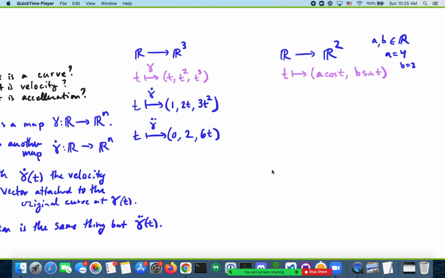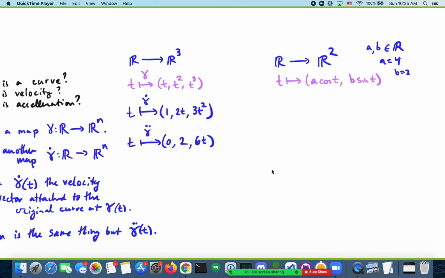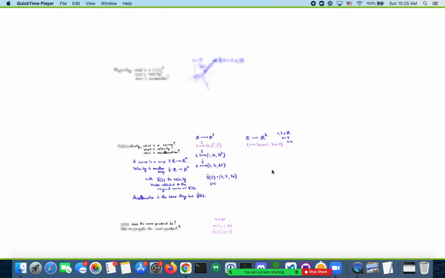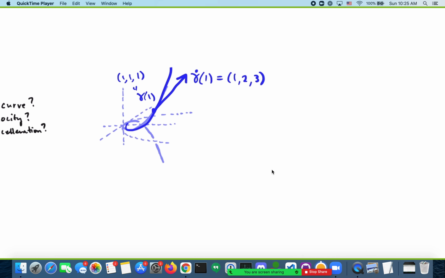Remember, naming is up to you. There are some conventional names that you should know. But yeah, it's up to you what you actually name it. And then the acceleration at a point would be like, gamma double prime at the time t equals 5 is a specific vector, in this case 0, 2, 30. So a lot of acceleration in the upward direction, which makes sense because this curve is very quickly twisting upwards.